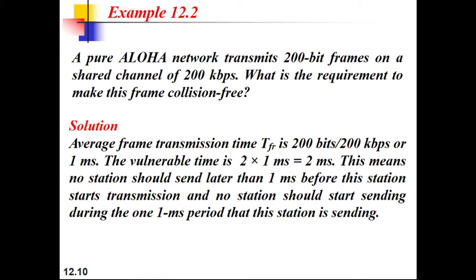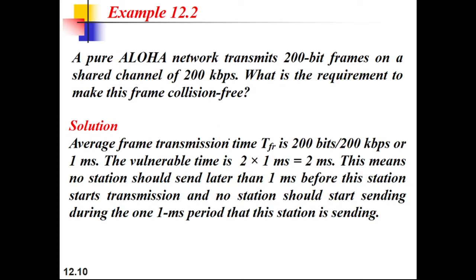A pure ALOHA network transmits 200-bit frames on a shared channel of 200 kbps. What is the requirement to make this frame collision free? Frame collision free means you have to calculate the vulnerable time, and the stations must send the data after that.